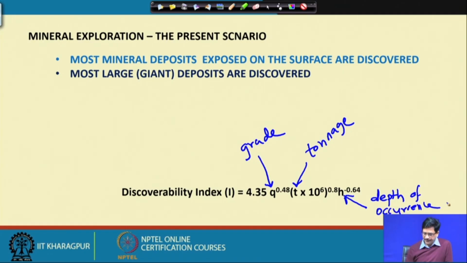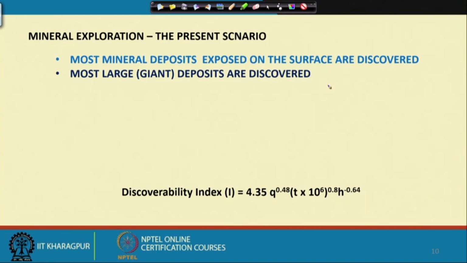So, that means if H is 0, the deposit is occurring on the surface. So, this relationship tells us that the discoverability, we can even think of in terms of a diagram here. So, if we put, say, quantity in, say, tons, millions of tons or whatever, and discoverability I here.